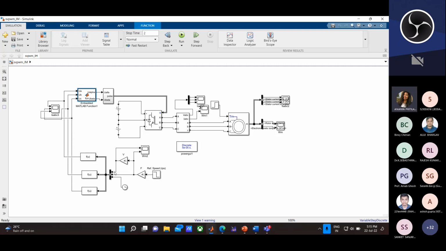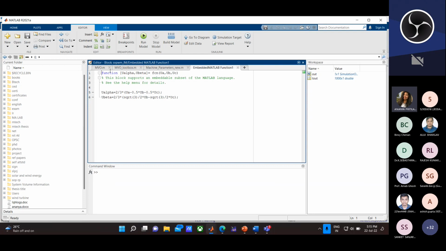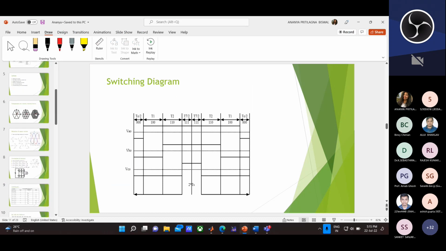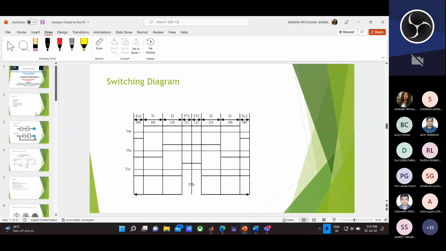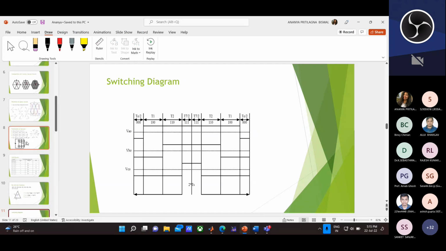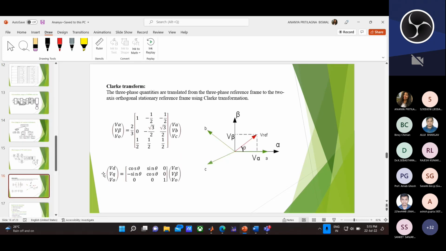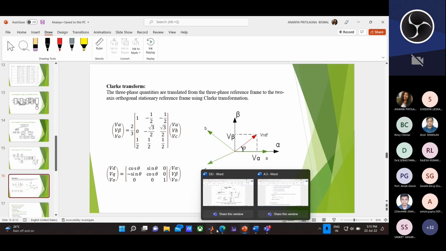First, from VA, VB, VC, I have calculated V alpha and V beta by the equations already shown in the PPT. These are by Clarke transformation; I have calculated V alpha beta from VA, VB, VC.